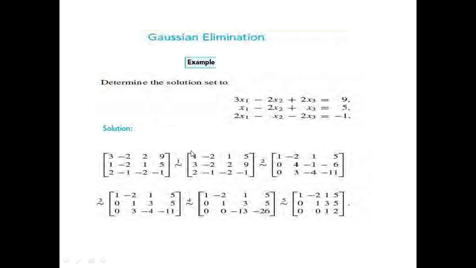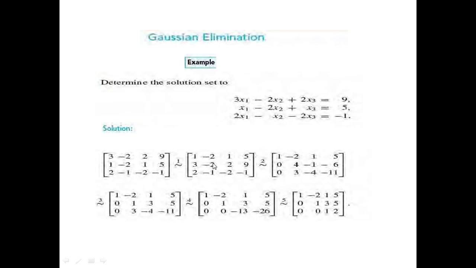Now we consider the key element 1 as the leading one, and by using that leading one we must convert everything below it to zeros, right? In order to do so, we must apply two addition row operations.